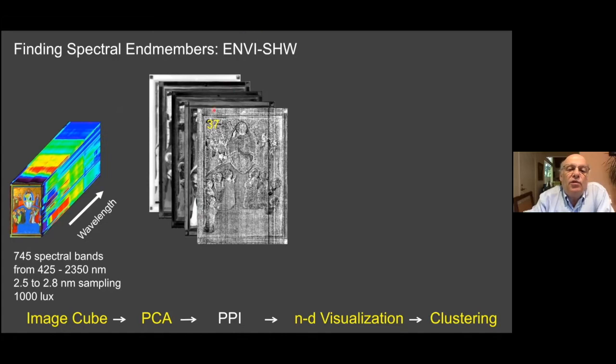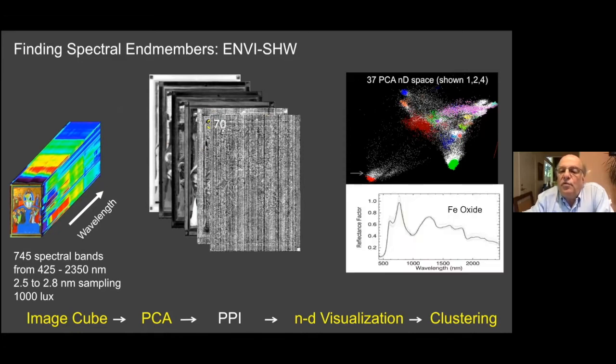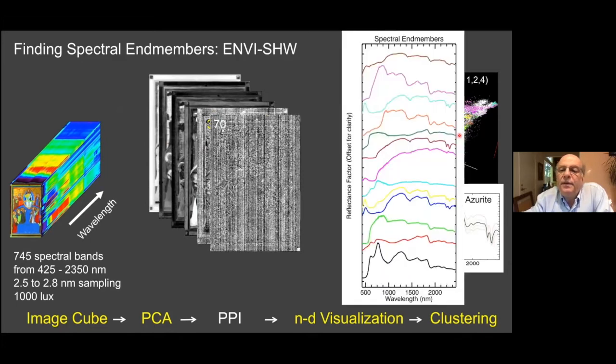And somewhere along the line in the 20 to 30s, you basically get down to a small enough data set, so you've dropped from 700 down to maybe 37. And of course, then we do clustering in this reduced dimensional space. And these clusters relate to unique spectra that we can identify in some cases, but certainly can be used to make maps. And this is a set of end members that represent this particular painting here by Picasso.